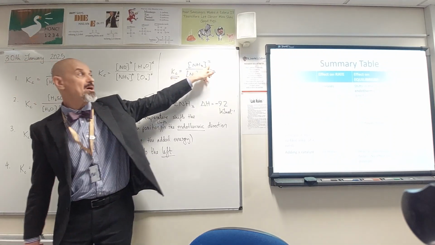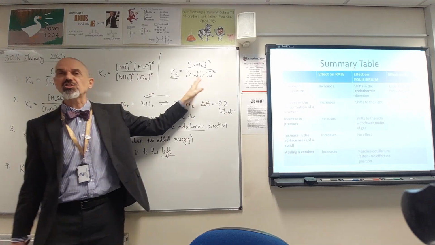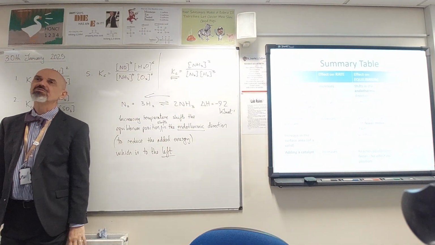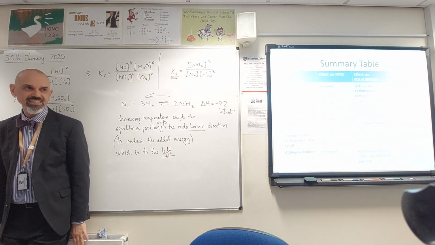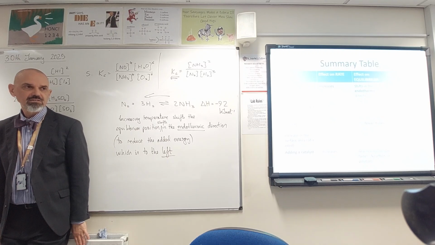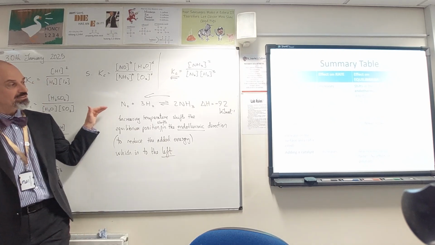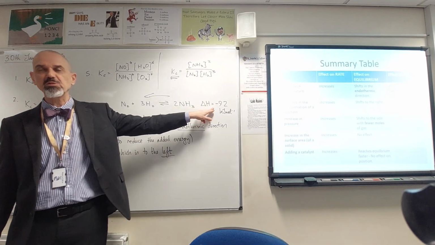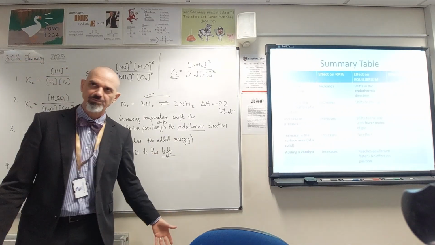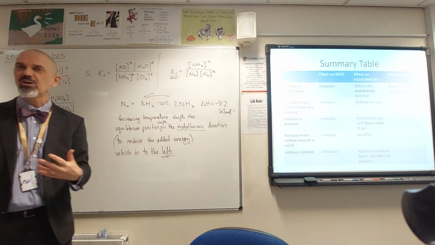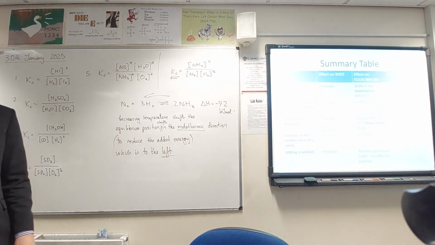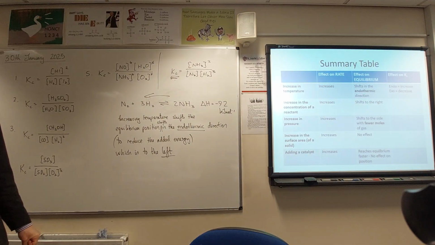As the amount of ammonia goes down and the amount of nitrogen and hydrogen goes up, the value of Kc will decrease. If we had an endothermic reaction going forwards, if the delta H was positive, then it'd be the opposite way around. You can see how it's easy to get all this confused, so you have to stop and think for a bit.